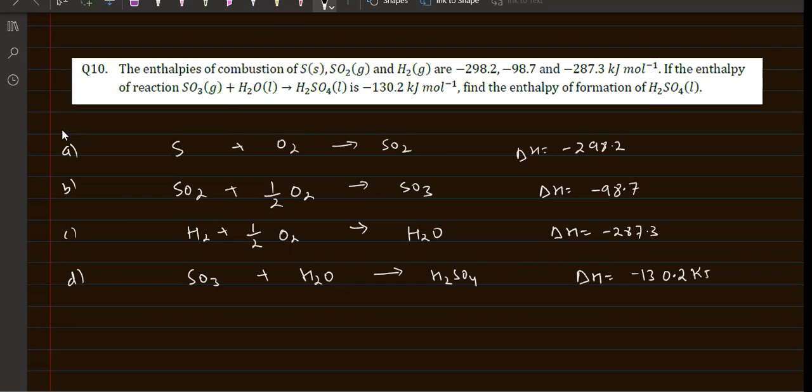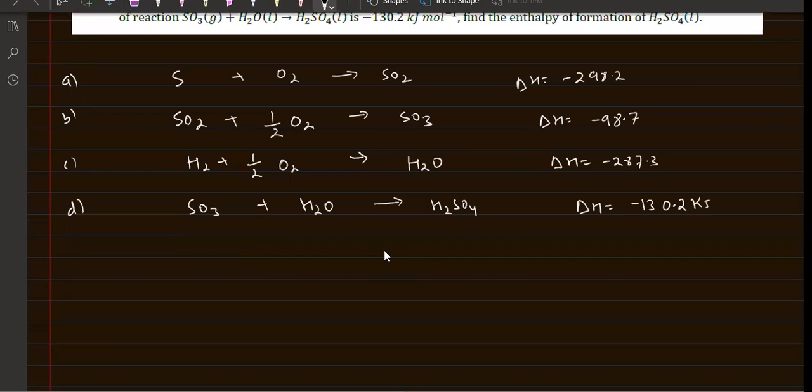Now what we have to do is identify the enthalpy of formation of H2SO4. This is an example of Hess law, the same Hess law application. So what will be the reaction for the formation of H2SO4?